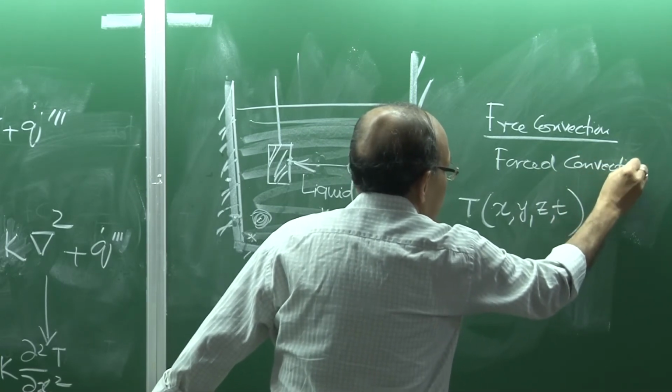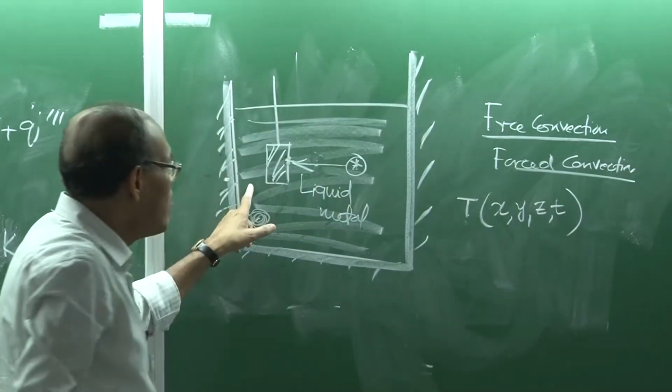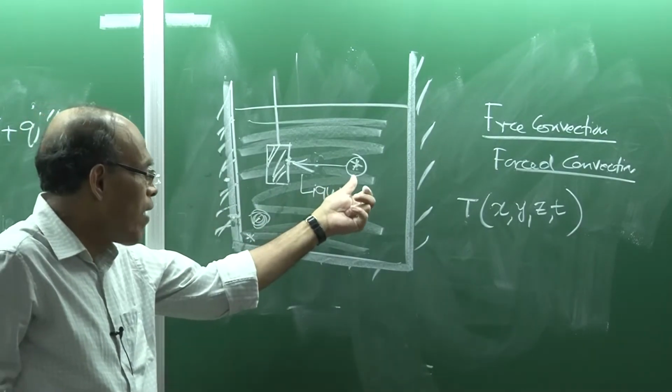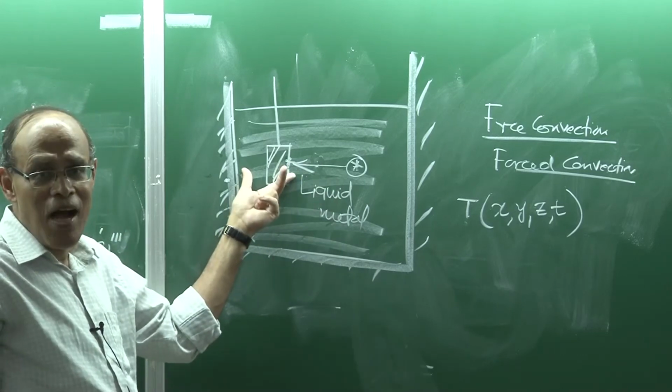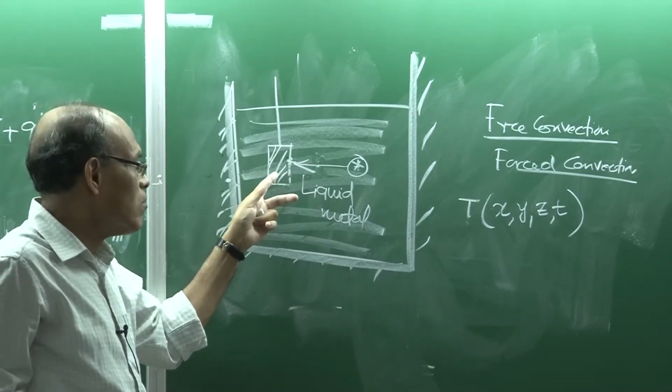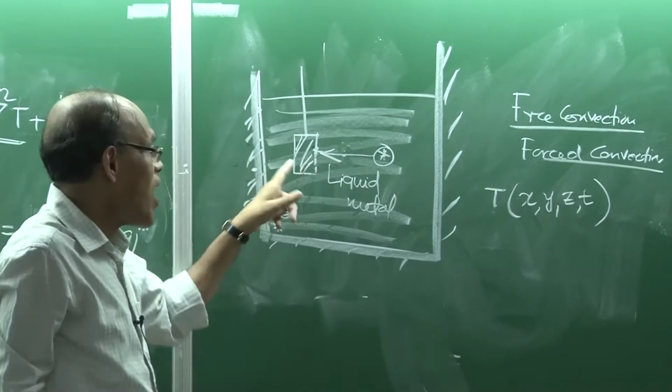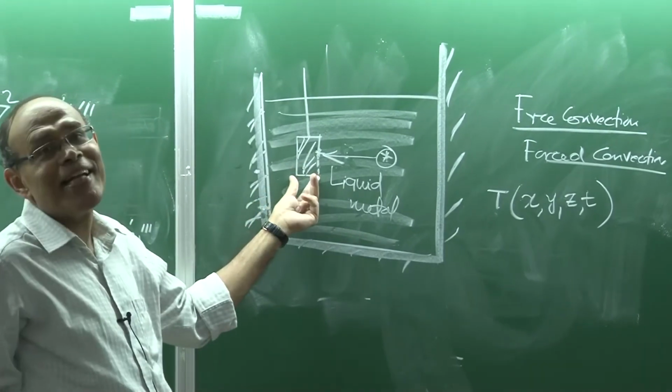What I am trying to say is that our objective is basically to find out the rate of heat transfer from the liquid to the solid, because that eventually determines at what rate it is going to melt.